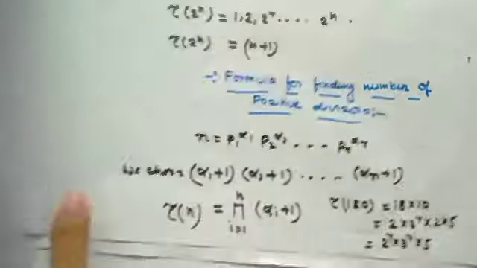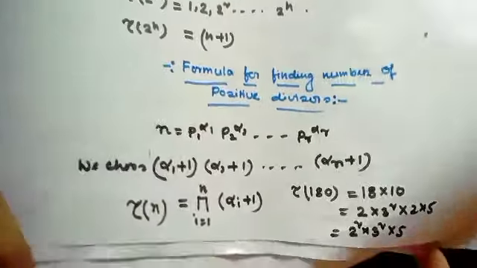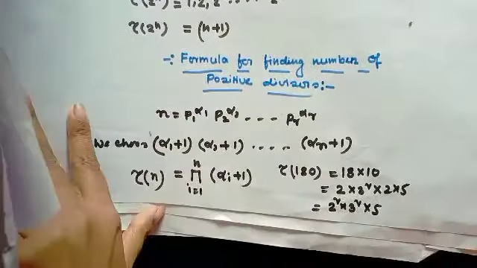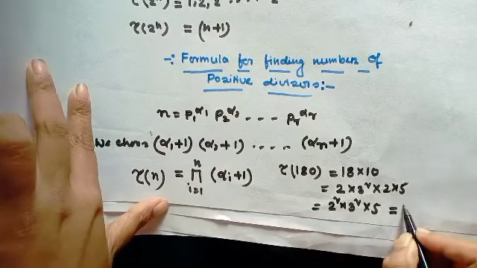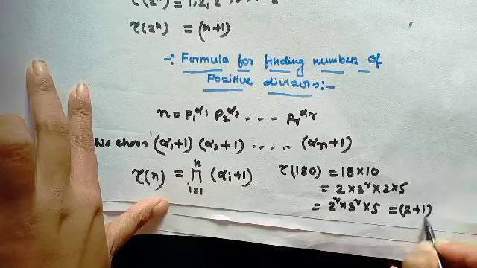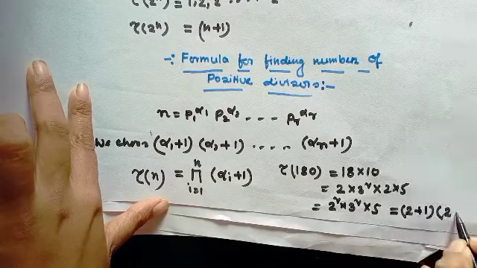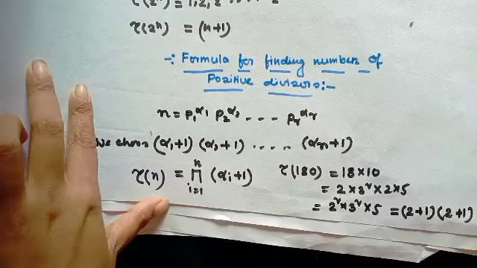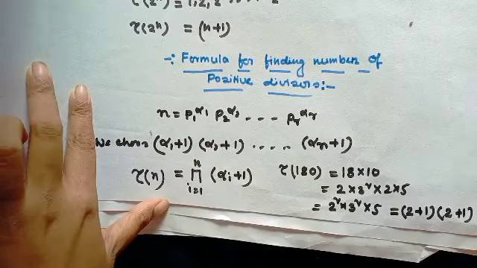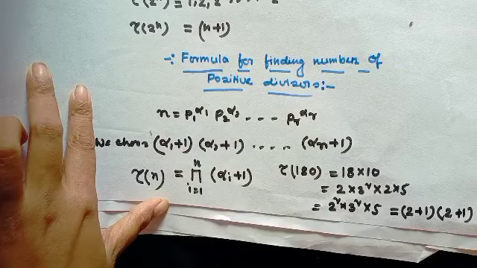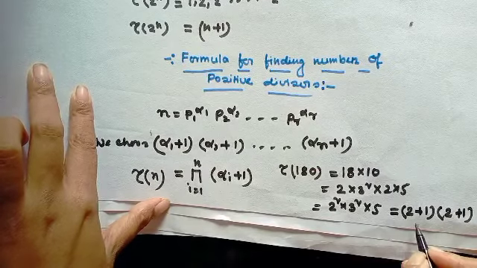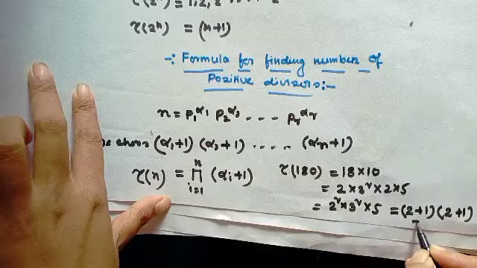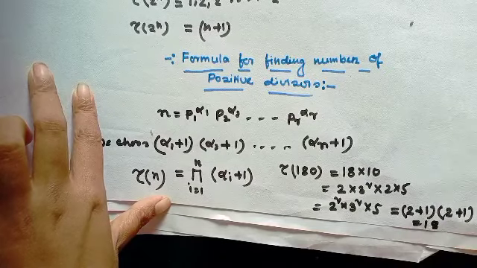That means by this formula tau 180 equals 2 plus 1 times 2 plus 1 times 1 plus 1, and this is equal to 18. Okay, right.